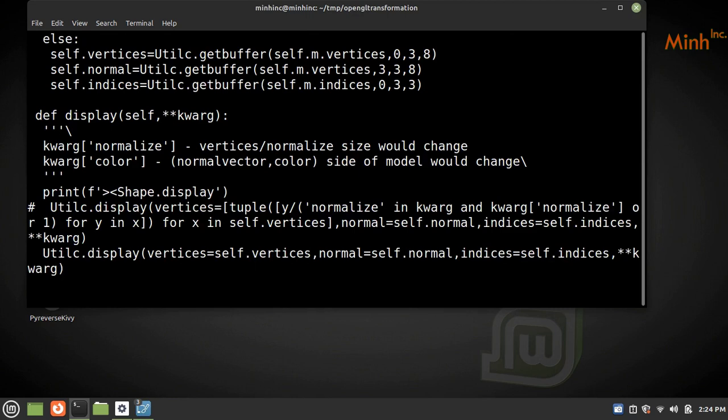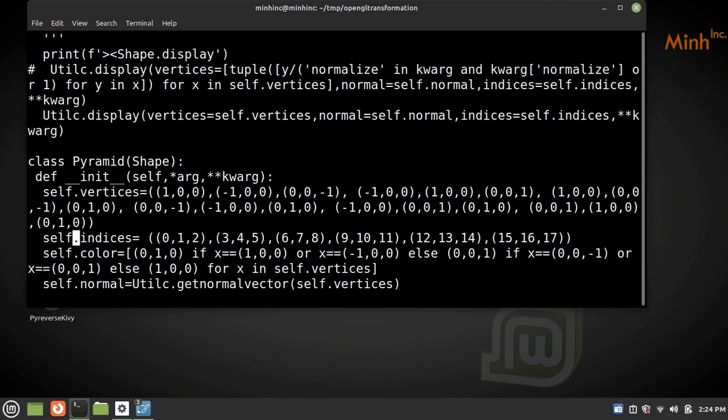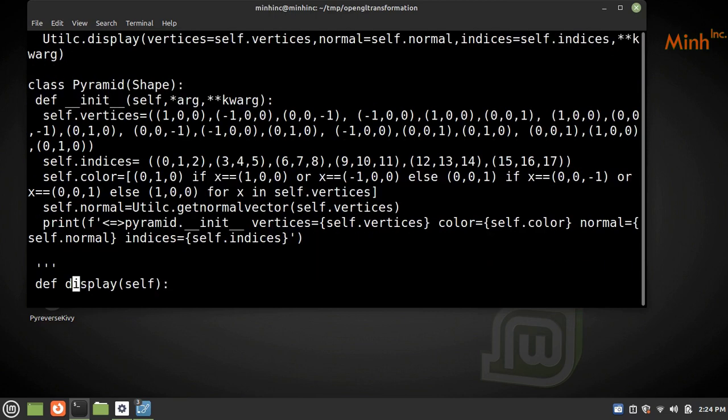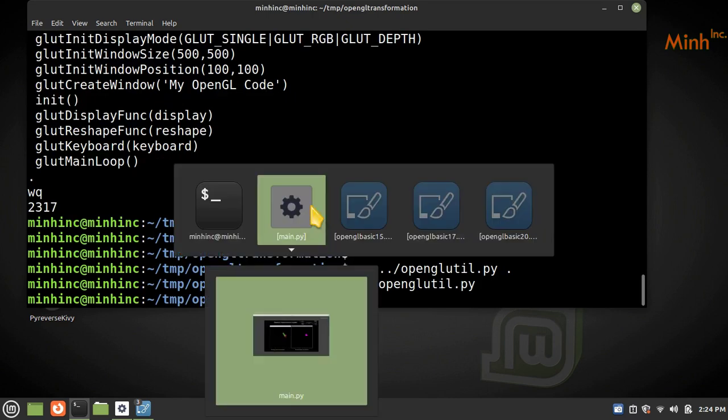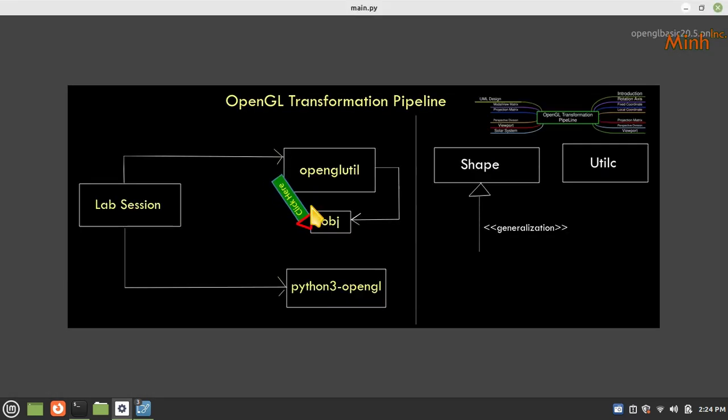Then display, we call display, so this is a display. We can derive from the shape, like pyramid is derived from the shape, and that's it. So if we see the design, then shape is open for generalization. So where we have generalized is pyramid.